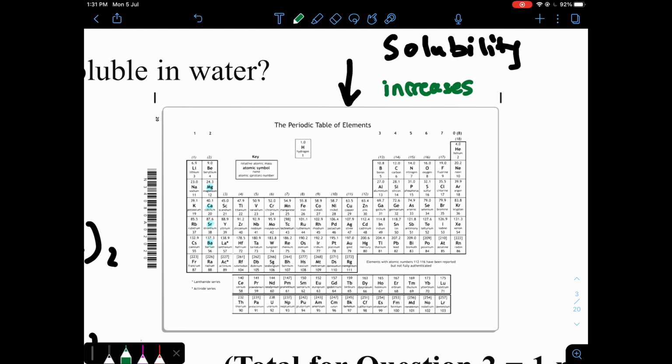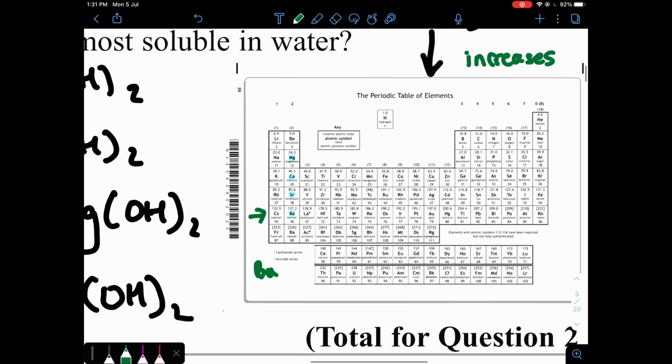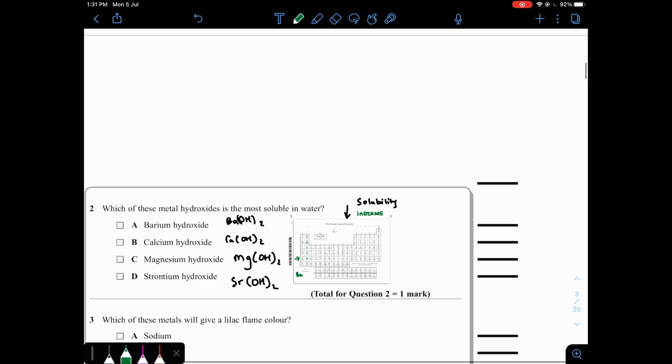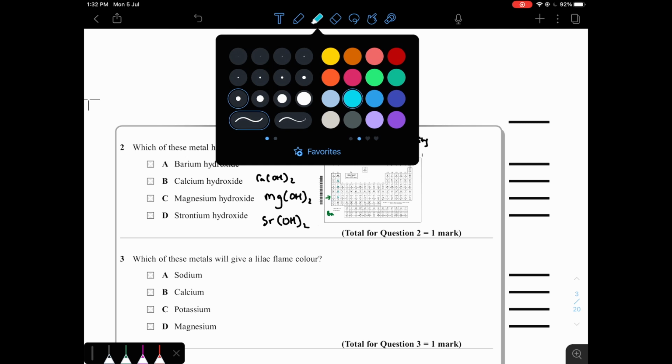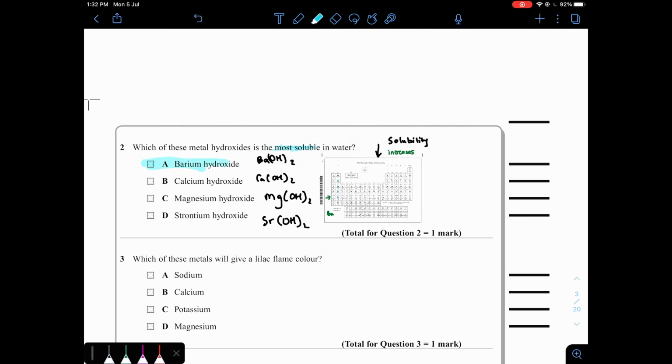So if this increases, we need to look at the lowest element in the group. So that's going to be barium. So that means that barium hydroxide is our most soluble in water. So the answer is A, barium hydroxide.